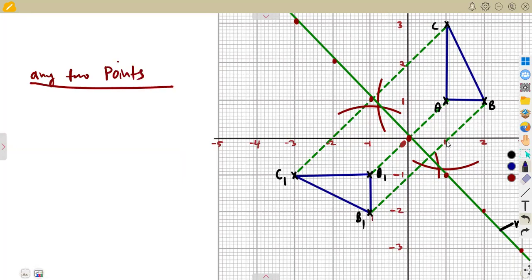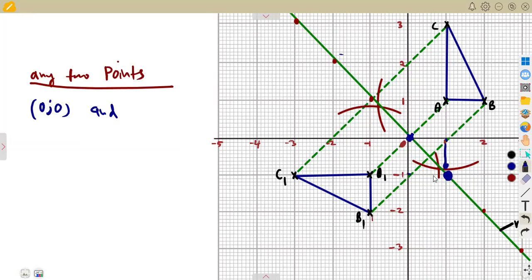So any 2 points, let's say I'm going to use this one, 0, 0 on the origin. As you can see, our line passes through the origin 0, 0. So I'm going to take the point 0, 0, and I'm going to take this one, 1, -1. This one is at the point which lies on the graph.